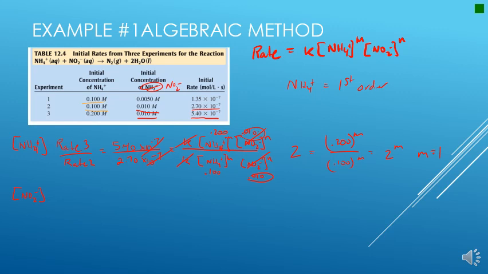So in this case, 2.7 versus 1.35, I'm going to place the rate 2 in the numerator and the rate 1 in the denominator. So I would have 2.70 times 10 to the minus 7th divided by 1.35 times 10 to the minus 7th, and that is equal to the K. Now, since we've already solved for NH4 plus, if you want to put it in as being a first order, you're welcome to, but you don't have to.